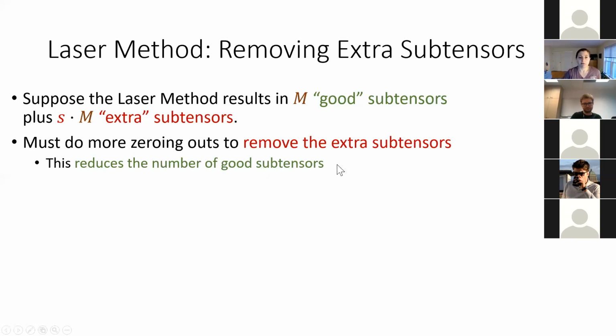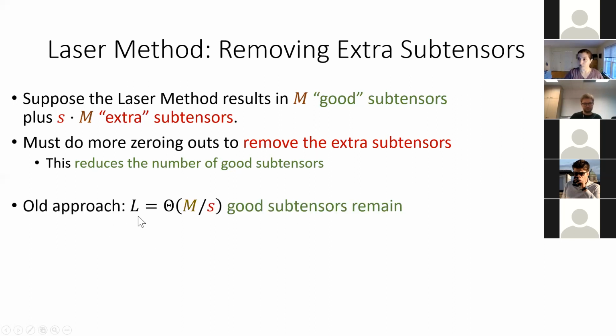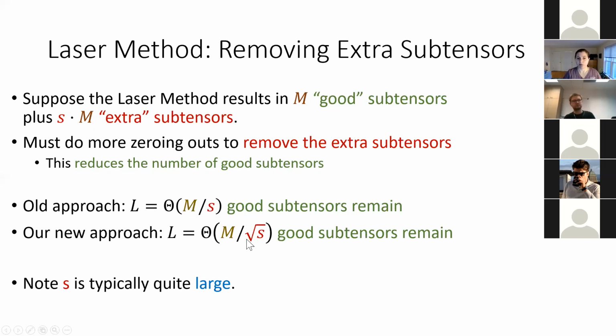We have to zero out more to get rid of the extra ones, and that reduces the number of good ones, as I mentioned. The old approach showed that you can zero out all of these red ones so that M over S good subtensors remain. And what we show is that you can actually get M over square root of S good subtensors remaining. And S is typically quite large.